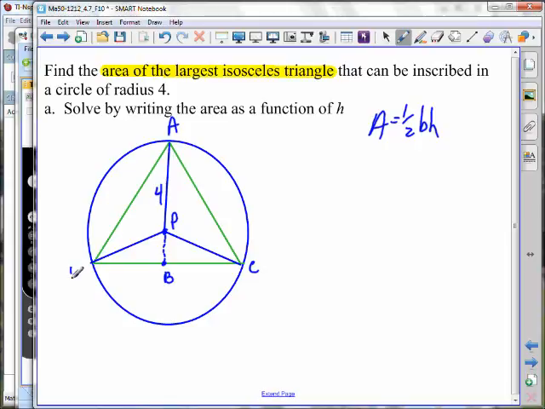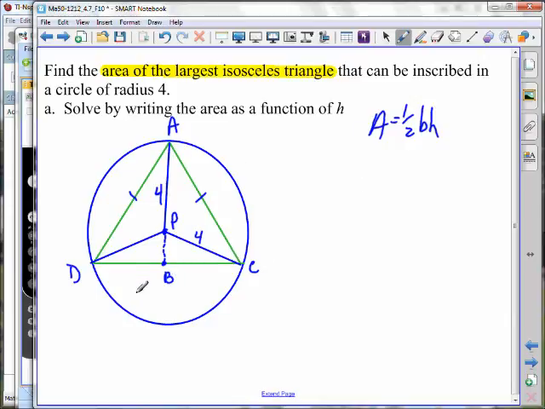And let's see, I made that one D, and I know that this is equal to that from geometry. I know this is 4. I know that is 4 also. So I need to find the area of triangle ABC.